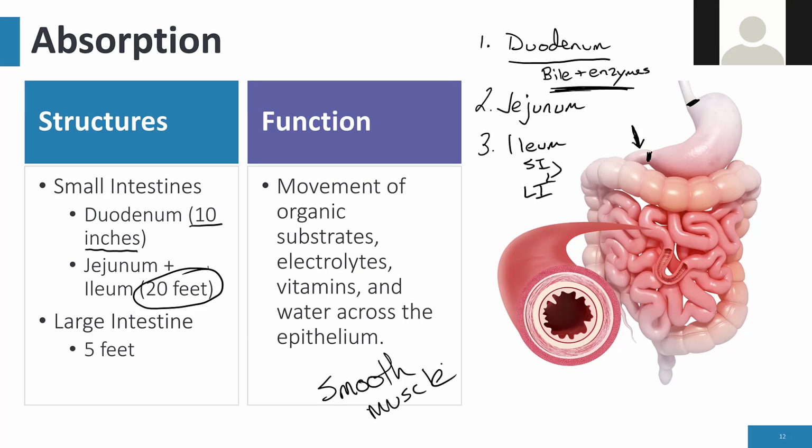And smooth muscle, remember, definitionally, is an involuntary muscle. So it's part of the autonomic nervous system. And on the autonomic nervous system side, the digestion and absorption, the whole GI system, is more heavily dictated by the parasympathetic nervous system.